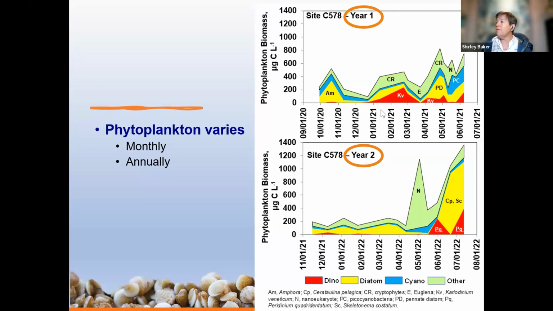In the first year, in the early spring, there were dinoflagellates, and then later spring, we had diatoms. Then in year 2 at that same site, we had a lot of diatoms. In the summer, we had a spike of some other stuff. In this case, it was nano-eukaryotes. And so clearly phytoplankton varies monthly and annually, depending upon what is out there in the environment.